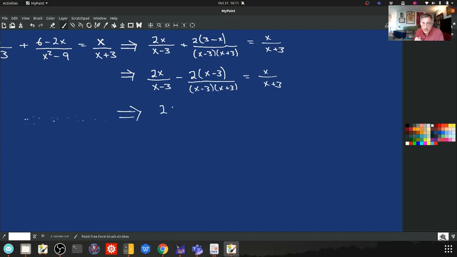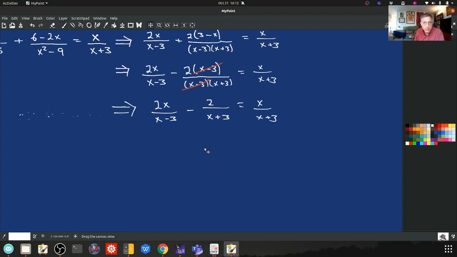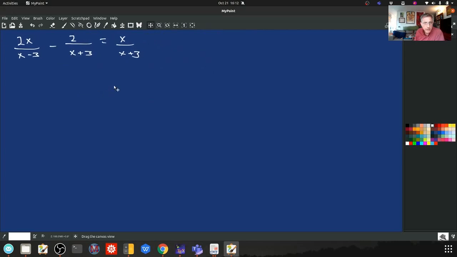Well, there's again nothing you can do with the 2x over x minus 3, but you can cancel out the x minus 3 factors. So that's going to give us minus 2 in the numerator and x plus 3 in the denominator is equal to x over x plus 3. And that's going to be the form we're going to work with, that form right there.